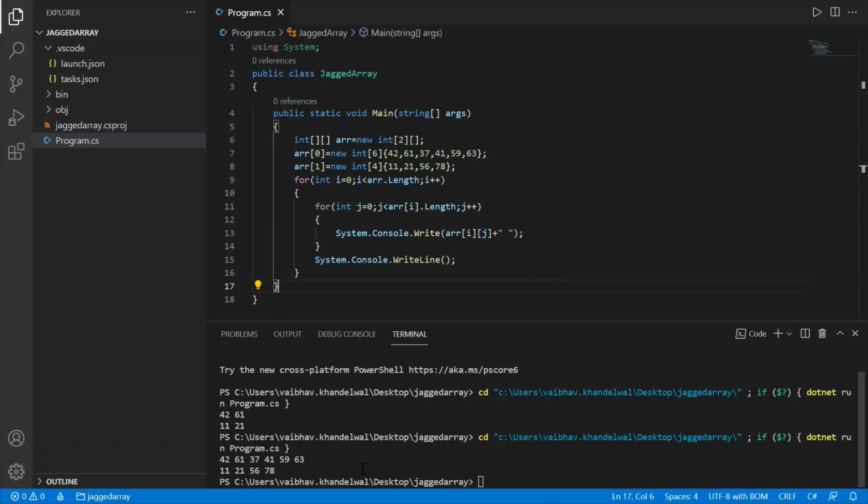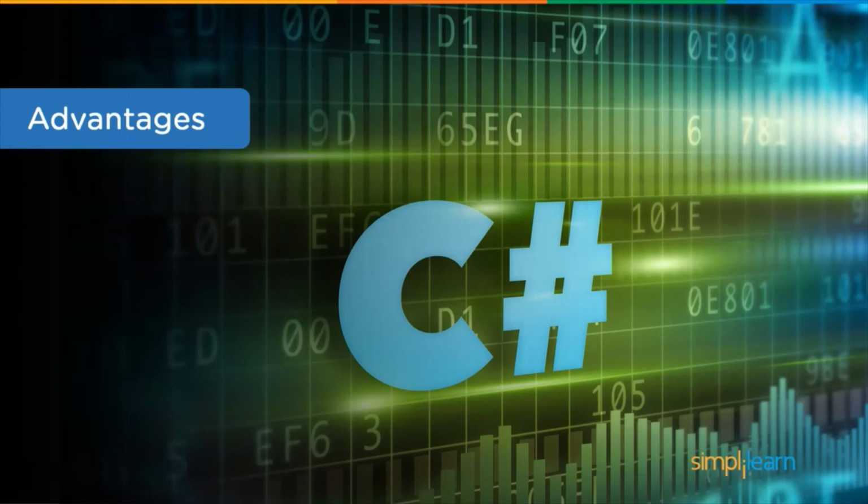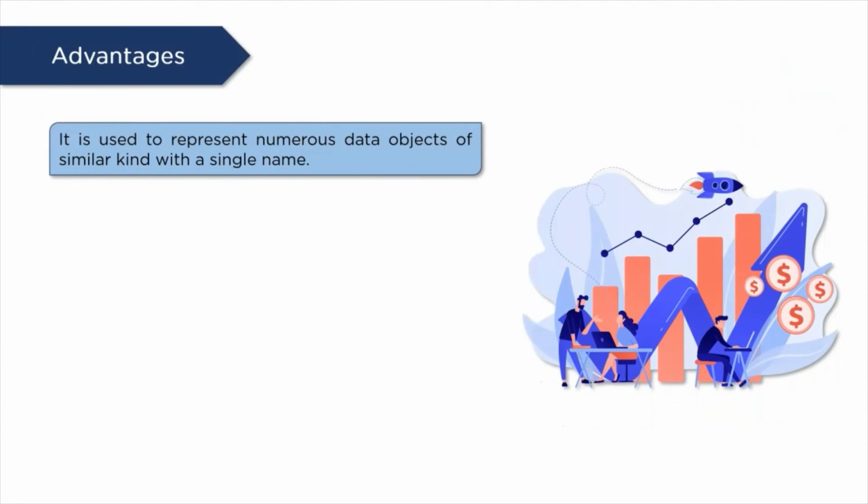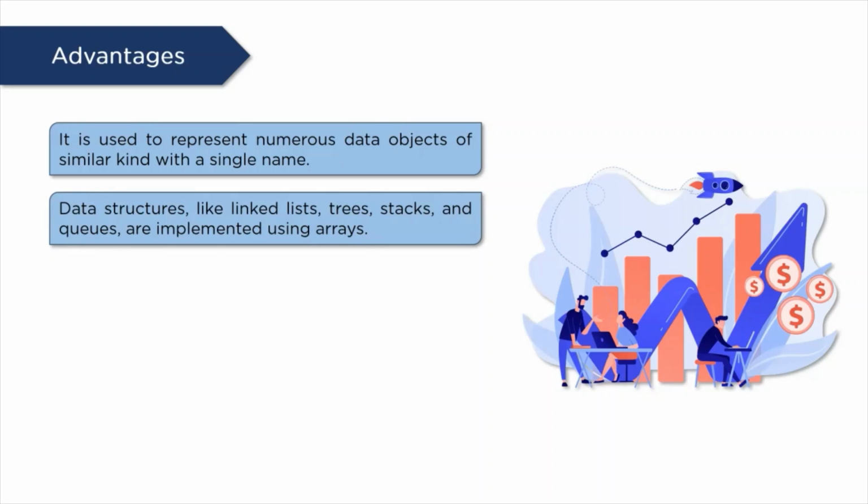Let's get back to our slides. We have now discussed what arrays are and the types of arrays in detail. Now let's look at the advantages of C# arrays. First up, it is used to represent a large number of data objects of the same type with a single name. Next, arrays are used to implement data structures such as linked lists, trees, graphs, stacks, and queues.